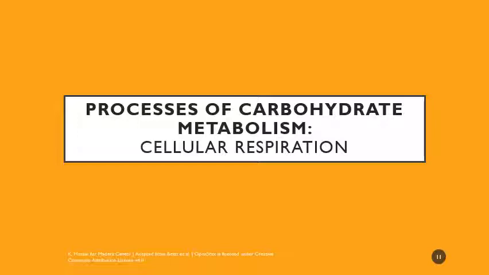So here I'm thinking about bigger processes. This is not a biochemistry class or an organic chemistry class. I'm not expecting you to know every single step of these processes, just the big picture ideas.